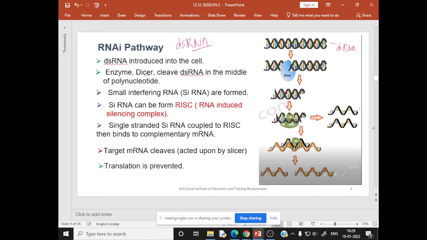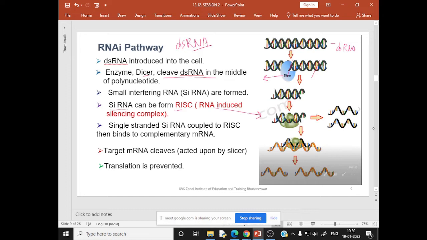The enzyme dicer is cleaving the double-stranded RNA in the middle of the polynucleotide. Small interfering RNAs, siRNAs, are formed. After cleaving, the two strands separate. What is needed for this? RISC, which means the RNA induced silencing complex.